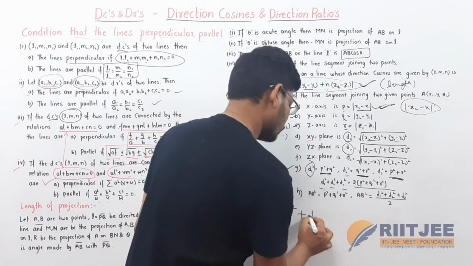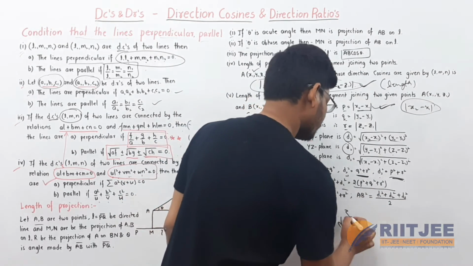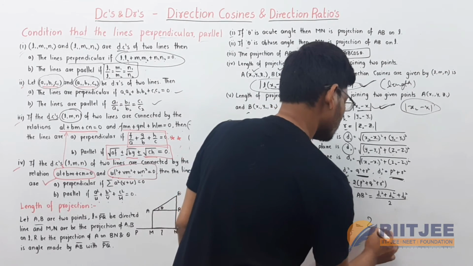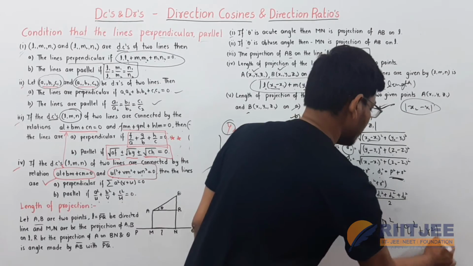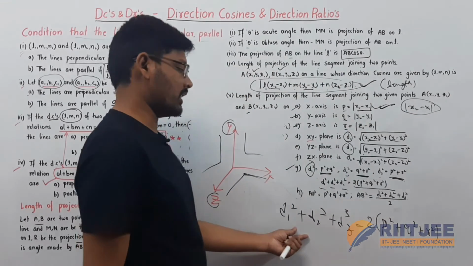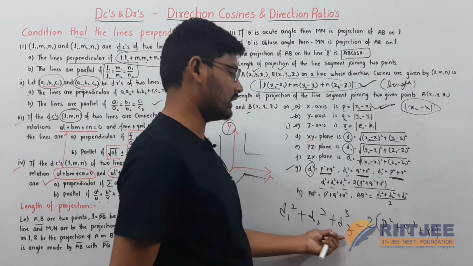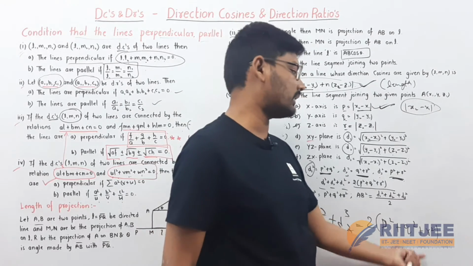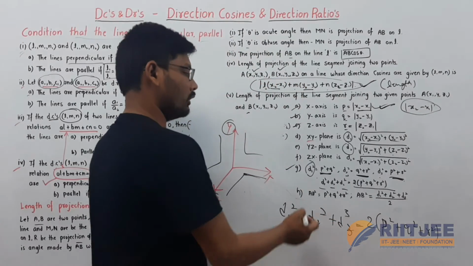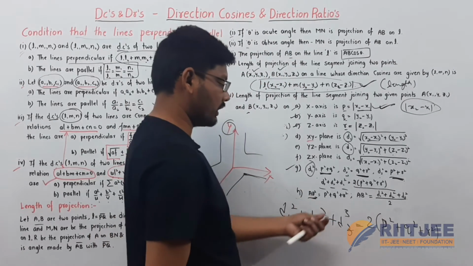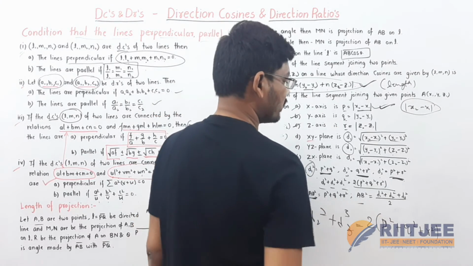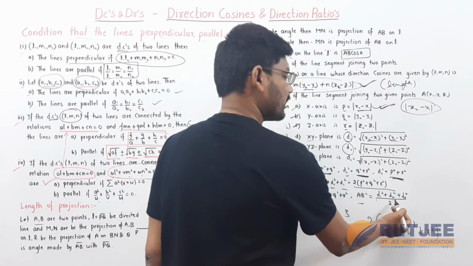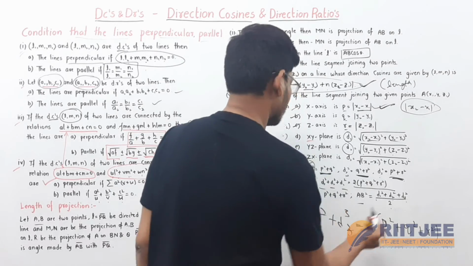d1 square plus d2 square plus d3 square gives twice of p square plus q square plus r square. Here the sum of squares of the d values is equal to twice the sum of the squares of p, q, r. So the final one: ab square is equal to p square plus q square plus r square, and ab square is equal to d1 square plus d2 square plus d3 square by 2.